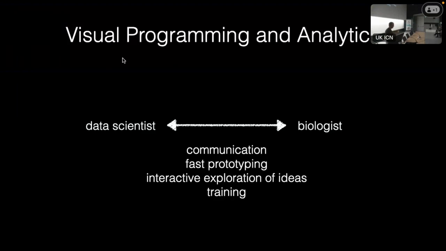And we find out that visual analytics actually is a great way for these three types of people to work with and communicate actively, in the sense that whatever idea they have, whatever new exploration they want to do, it's there. They can do it right away, which relates to fast prototyping, interactive exploration of ideas.